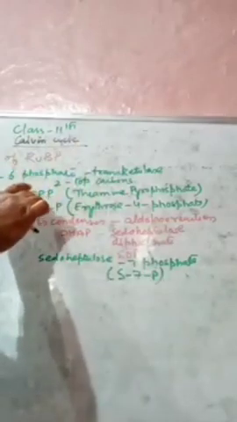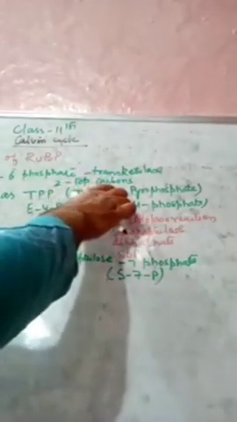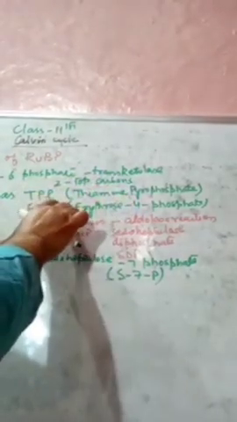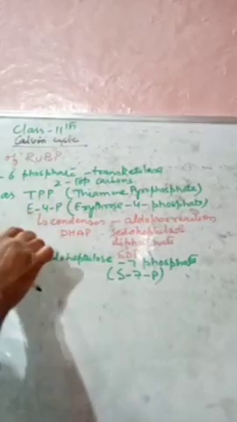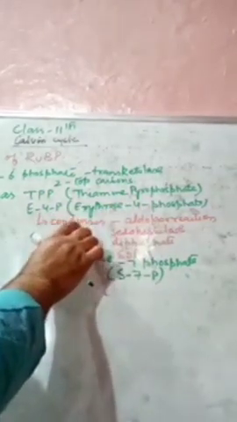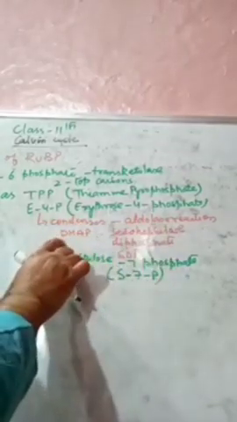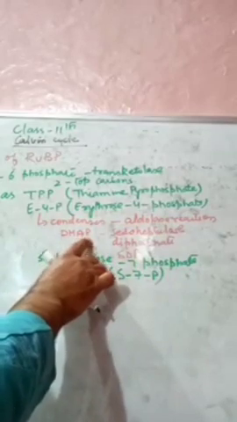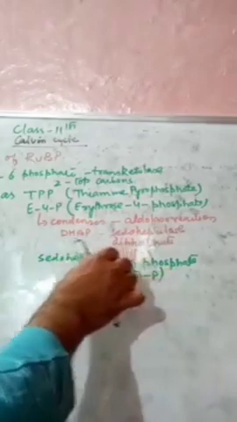F6P, that is fructose 6-phosphate, undergoes a transketolase reaction that removes the two top carbons as thiamine pyrophosphate, and E4-phosphate, that is erythrose 4-phosphate. This erythrose 4-phosphate condenses by the aldolase reaction with dihydroxyacetone phosphate to form sedoheptulose diphosphate, SDP.